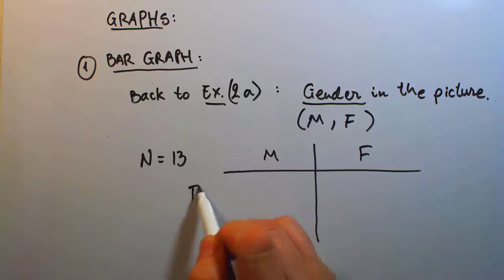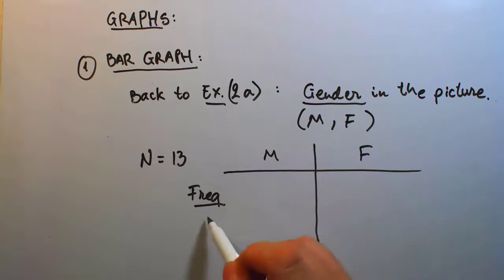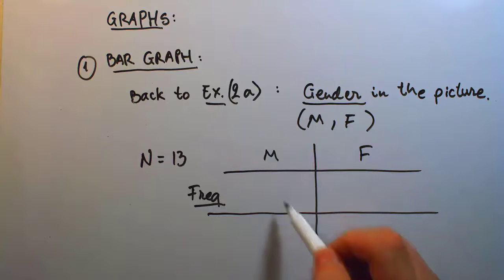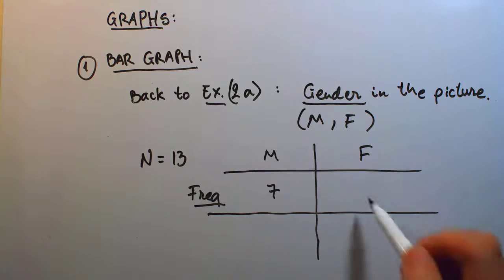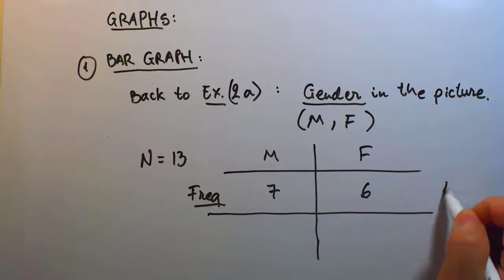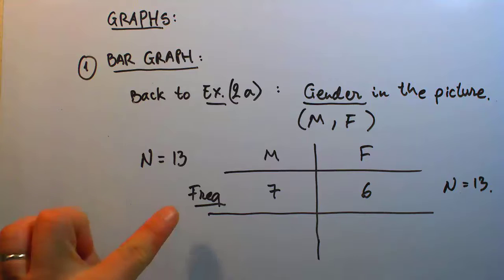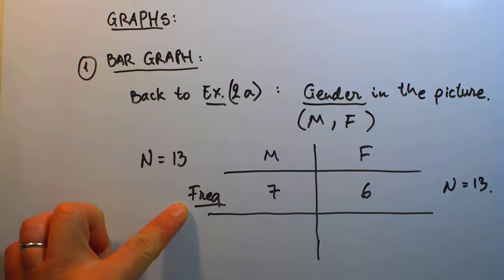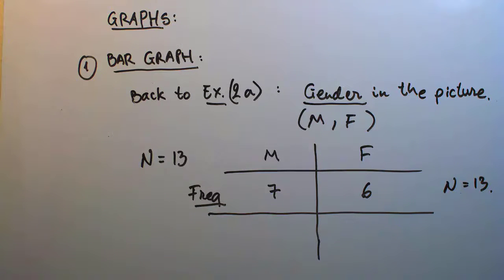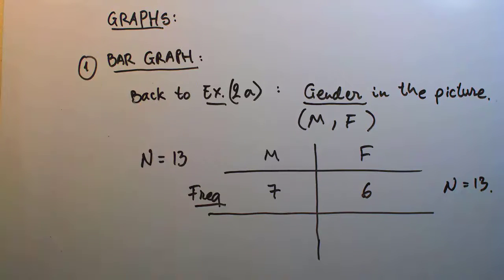So the actual frequency for the male count, we came up with, there are 7 males and there are 6 females out of the whole total n equals 13. And so immediately looking at the actual frequency of your categorical data, now we can construct what's called a bar graph. And really it's just the basic bar graph.